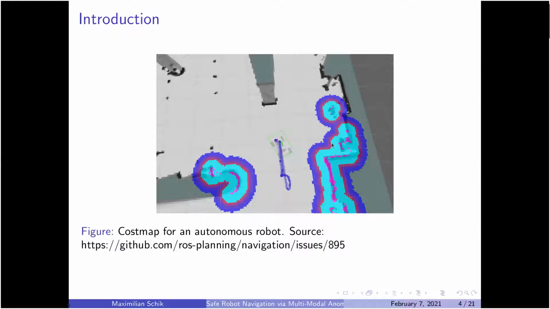And the colors here indicate a cost map, so we already have an evaluation of the map. And this means that those purple lines here are not traversable because there are walls and the robot can't move through the walls, sadly. And the other colors just indicate currently the amount of movability the robot has inside those areas.